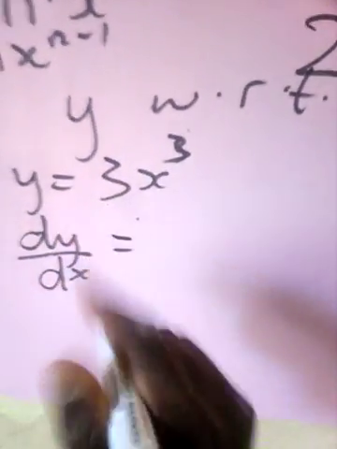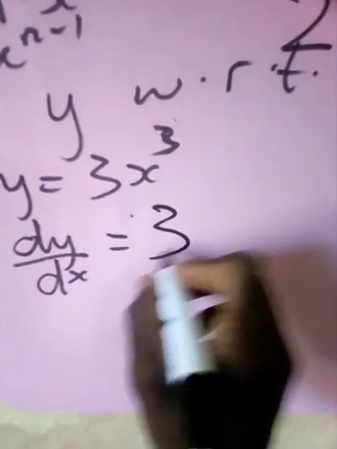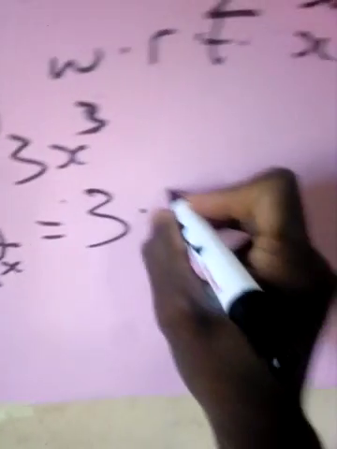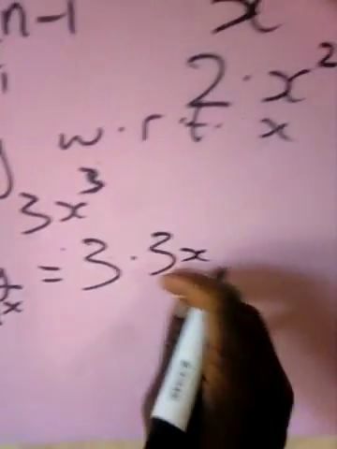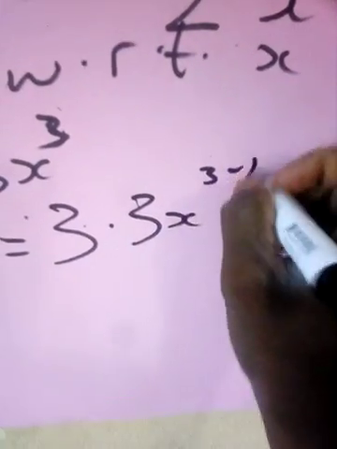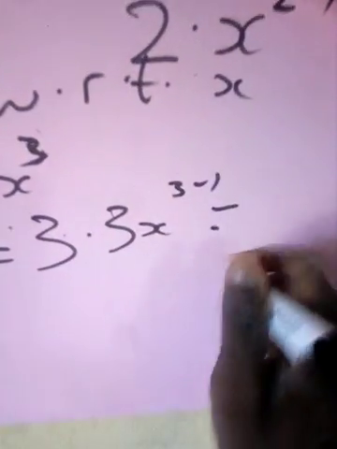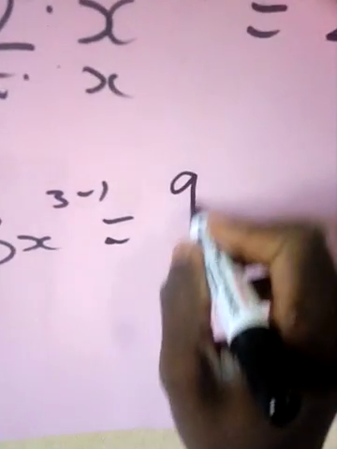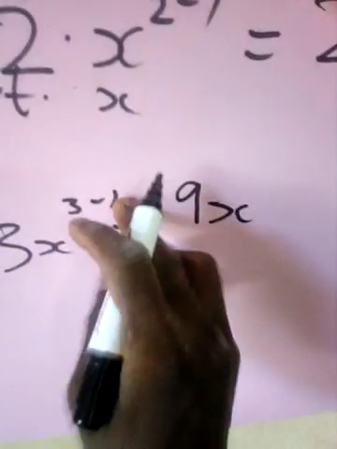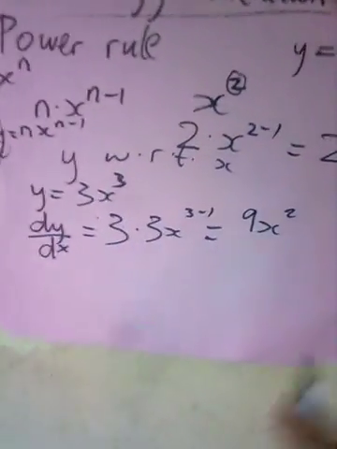If 3 is coming down, it's going to give me 3 times 3x, this is the power coming down, then x to the power 3 minus 1. So 3 multiplied by 3x gives me 9x. 3 minus 1 gives me squared, 2. That's 9x squared.